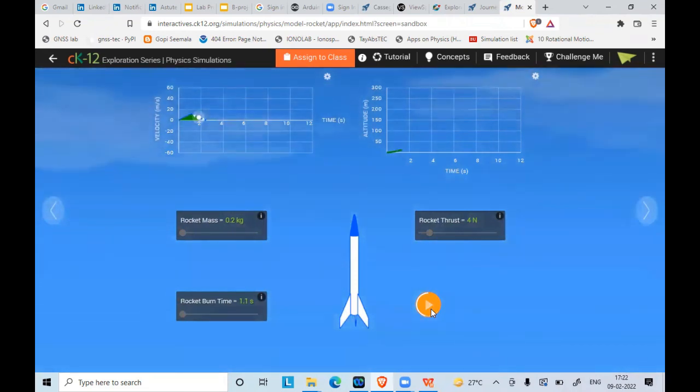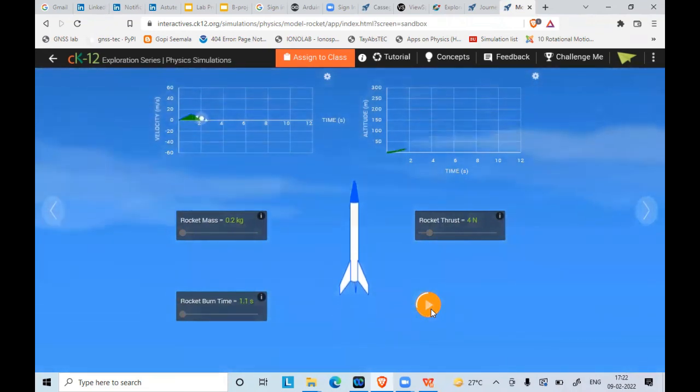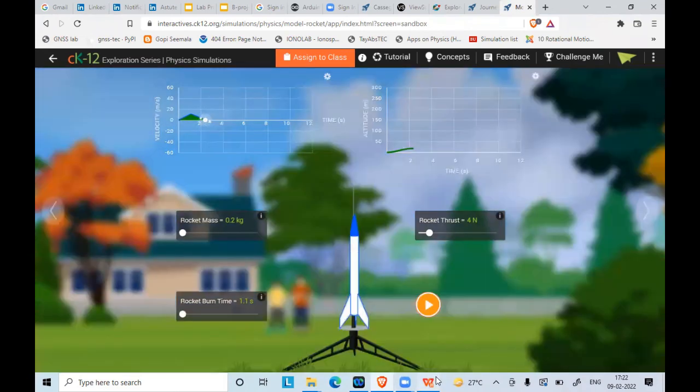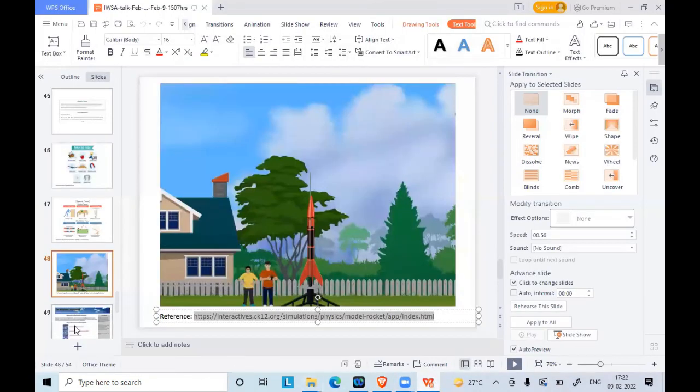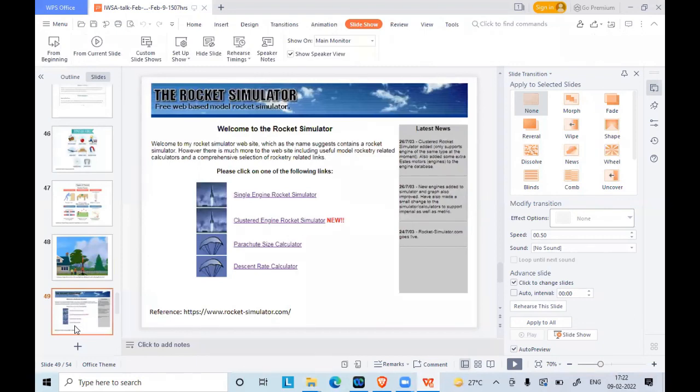So this is a very crude, very simple simulation. But what I'm going to show you is a slightly more advanced simulation, which is actually used by amateur rocket makers. Abroad, there are a lot of amateur groups which create small rockets and even conduct rocketry competitions.